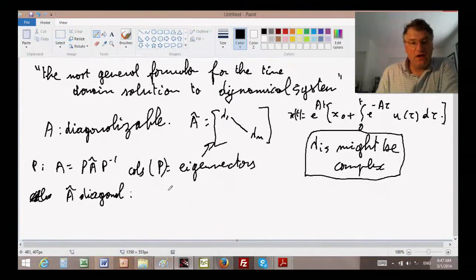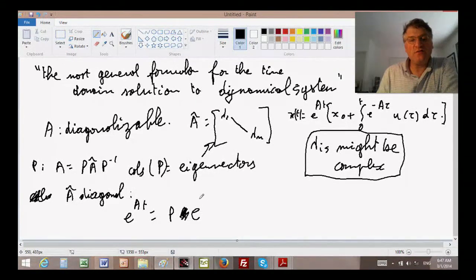So now what I can do is, using something that we have studied before, we can write that e to the At will simply be equal to P times e to the A tilde t times P inverse.